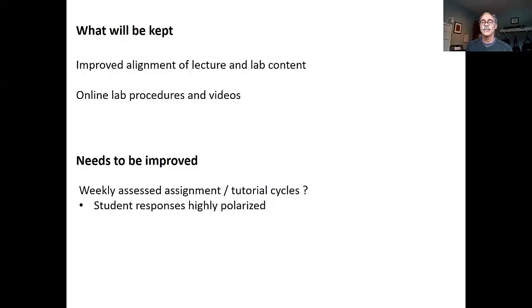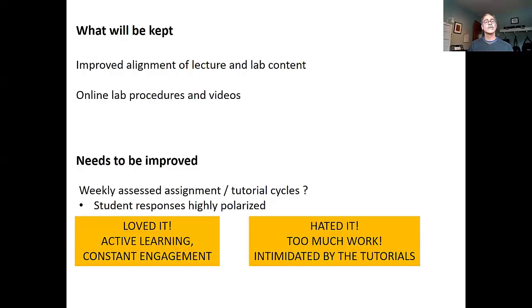As I mentioned before, from the instructor perspective, this looks really great, but the student responses were highly polarized. And I just want to talk about that a little bit. Some of the students loved this approach. They saw this as an opportunity to learn the material on a very deep level on a weekly basis. There was no memorizing or cramming for tests.